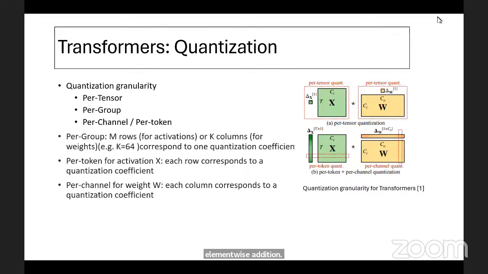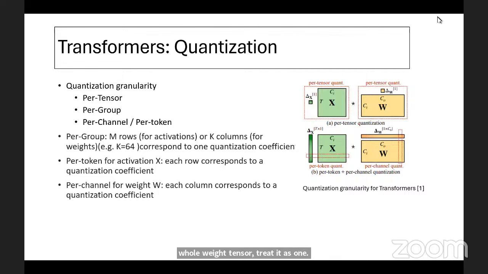Another level of granularity is when you are doing quantization, you are essentially trying to map a floating point distribution into an integer space. Now, how do you do that? In the case of a transformer, for example, you can take the whole weight tensor, treat it as one floating point distribution, and do quantization.